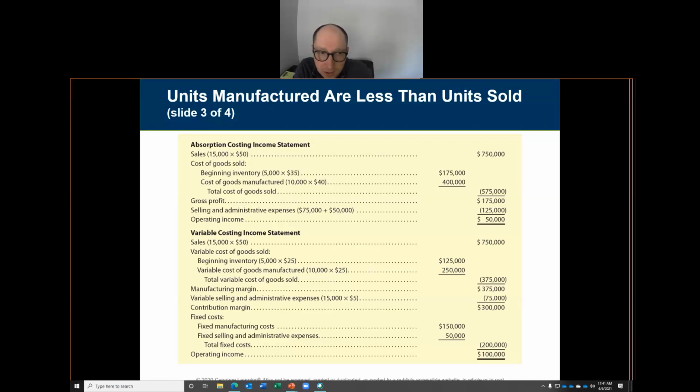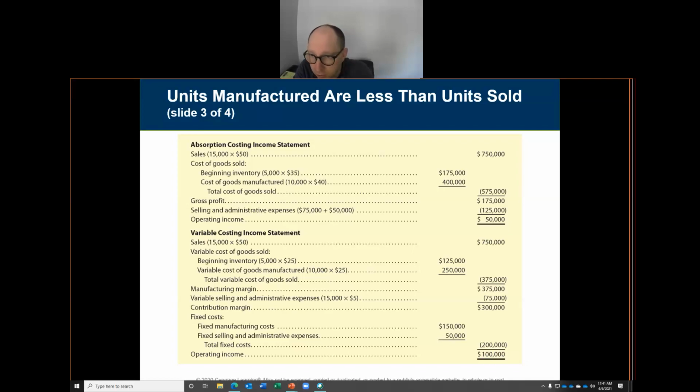Times 5,000 units at the beginning inventory, that's 175. During the accounting period, we manufactured 10,000 units at a cost of $40 per unit. We had variable cost $25 per unit plus a $15 per unit fixed. So that's $40 per unit. 10,000 times 40 is 400.